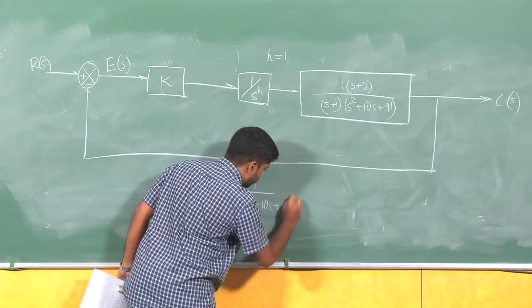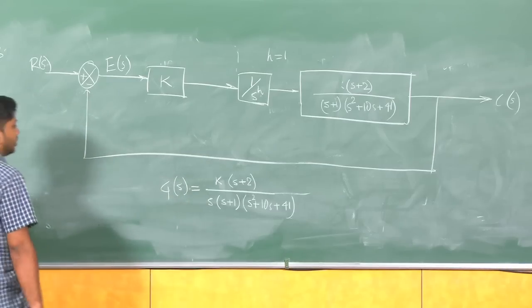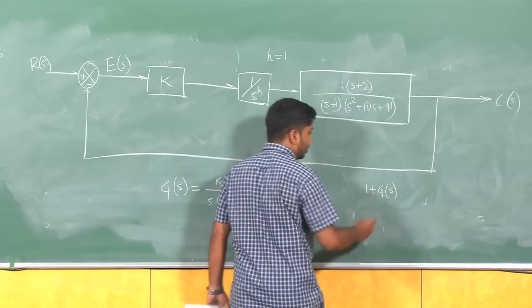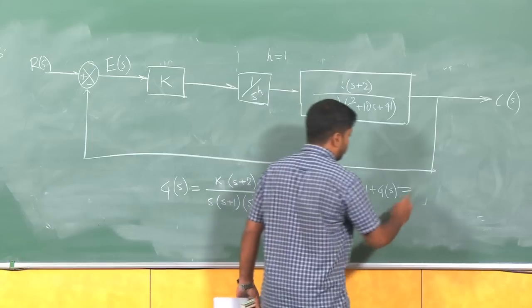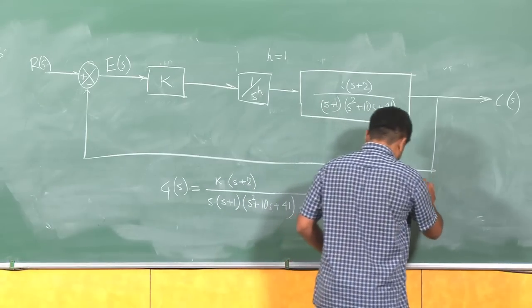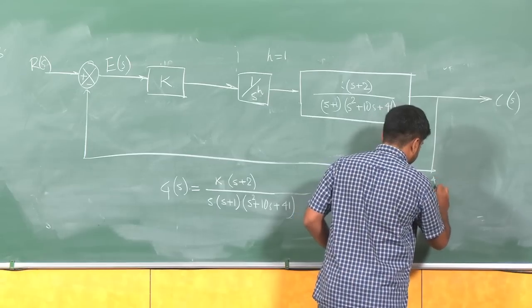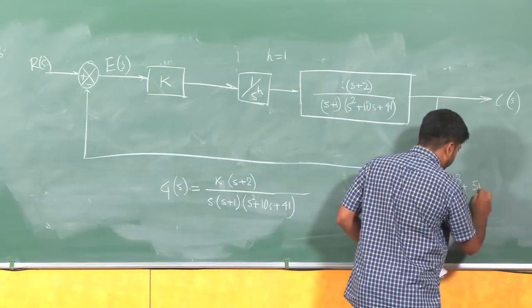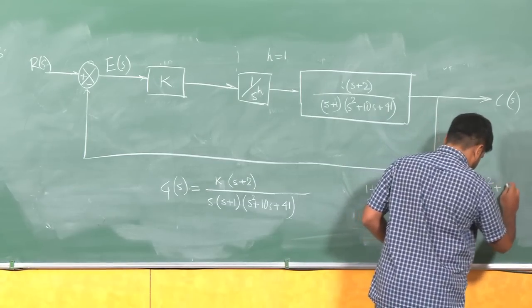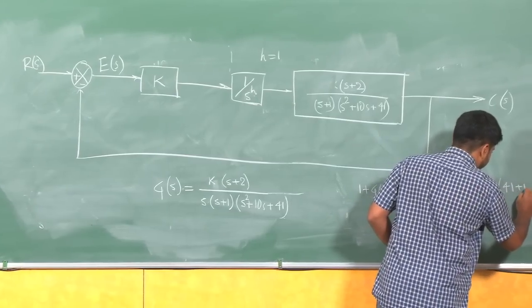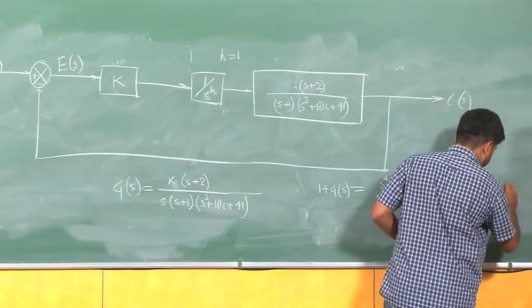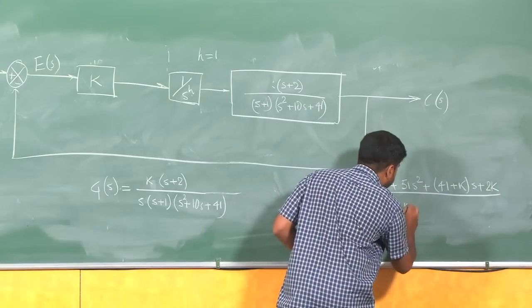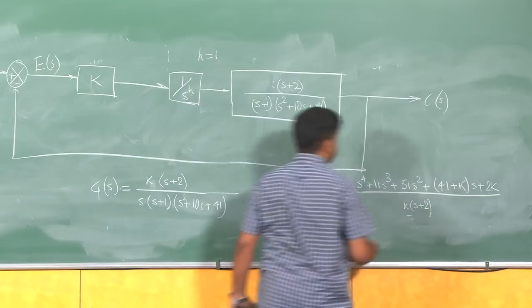The characteristic equation will come from 1 plus G(s), the numerator of this term.